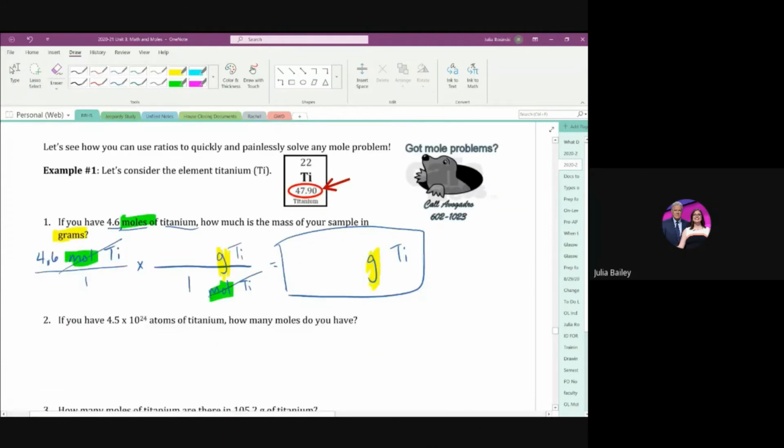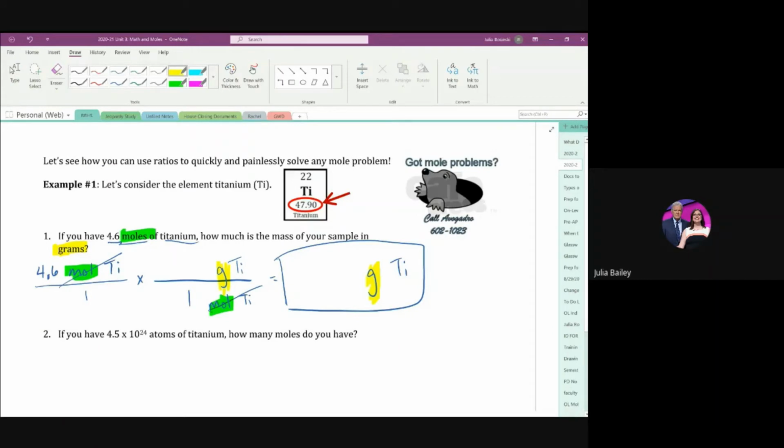So fortunately for us, this page actually brought the number from the periodic table for titanium forward on the page for us, 47.90. That is your number of grams on the periodic table. We have a name for that. That's called your molar mass. So for titanium, the molar mass is 47.90.